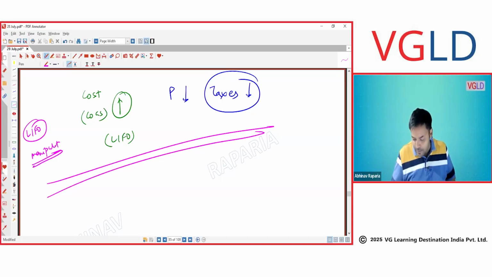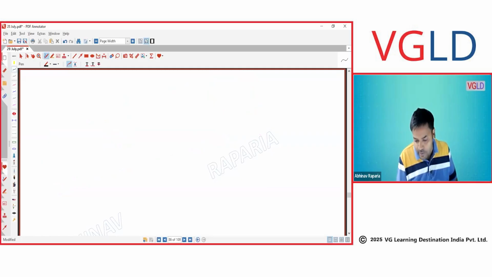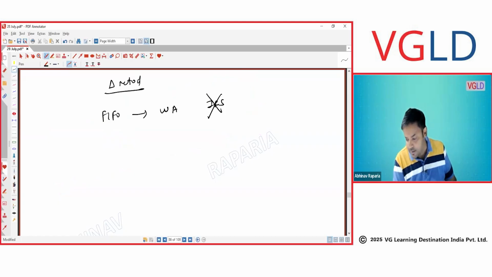That is why whenever you are changing your accounting method, maybe earlier you were following FIFO and now you are moving to weighted average, then you do not need the IRS approval. Do you understand what is IRS? IRS is the tax authority of federal income tax in the US.